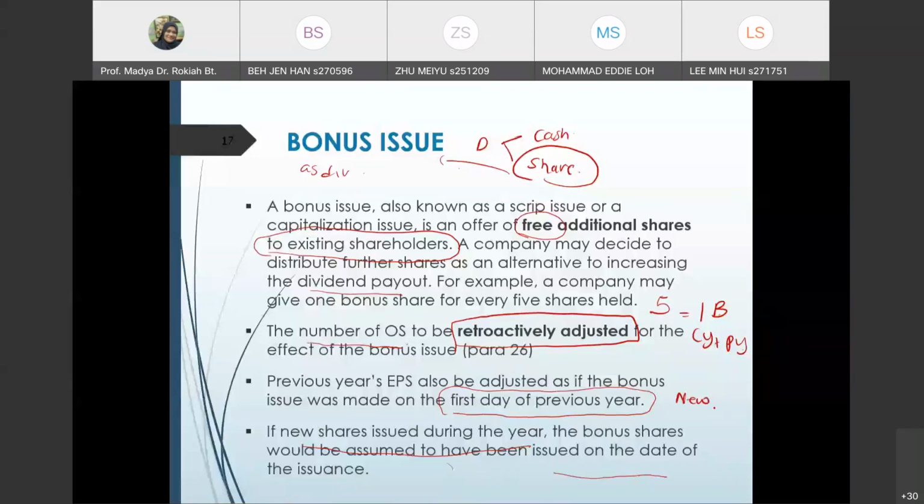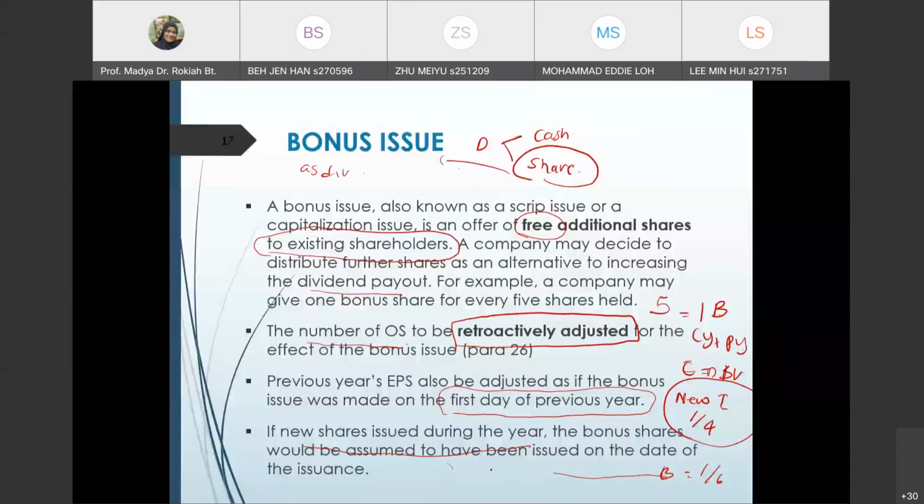Let's say the new issue was on 1st of October, and the bonus was declared on 1st of June. So this new issue is not entitled for a bonus, because at the time when the bonus was announced, this new issue did not yet exist, because this bonus is only given to the existing shareholders.